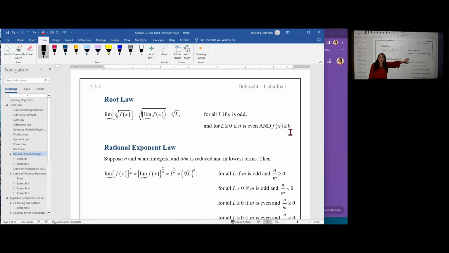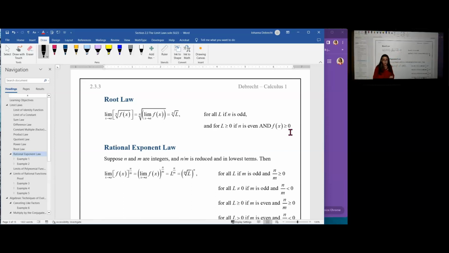Now, if n is odd, it won't matter, because if we take a cube root, then I know that it's going to come out to be whatever sign of the number that I put into it. So this applies whether or not it is an odd power.